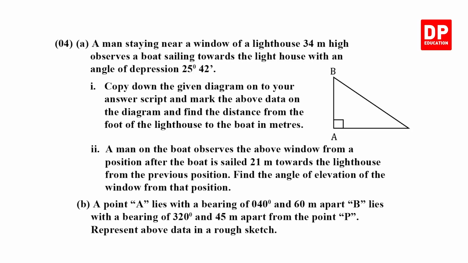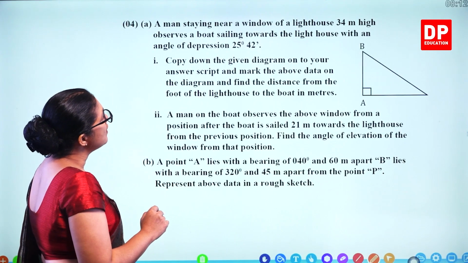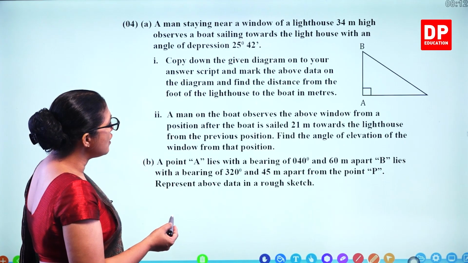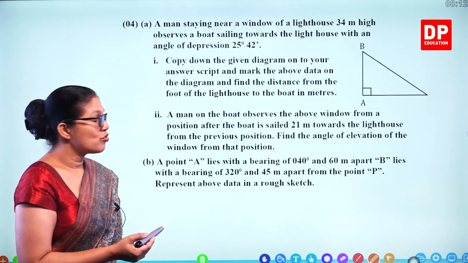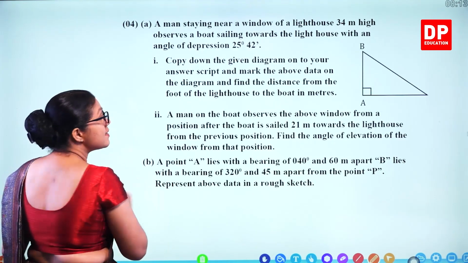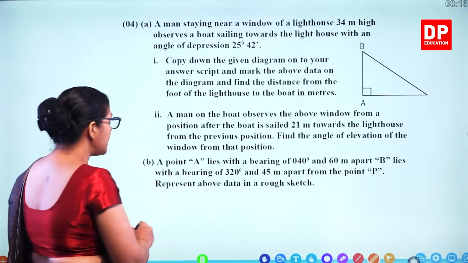Question number 4. So you have to draw the diagram, the angle of depression, and you have to find out the angle of elevation. So trigonometry question. We'll see how you can find out the answer.